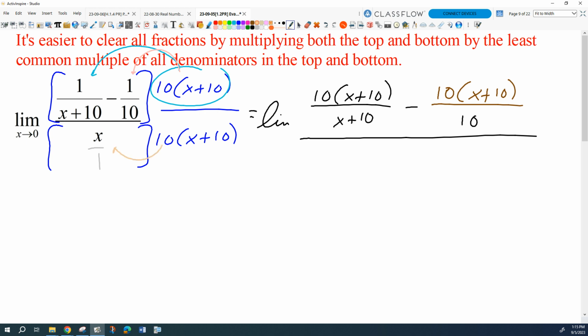On the bottom, when I distribute to that one term, I just get 10x times x plus 10, right?